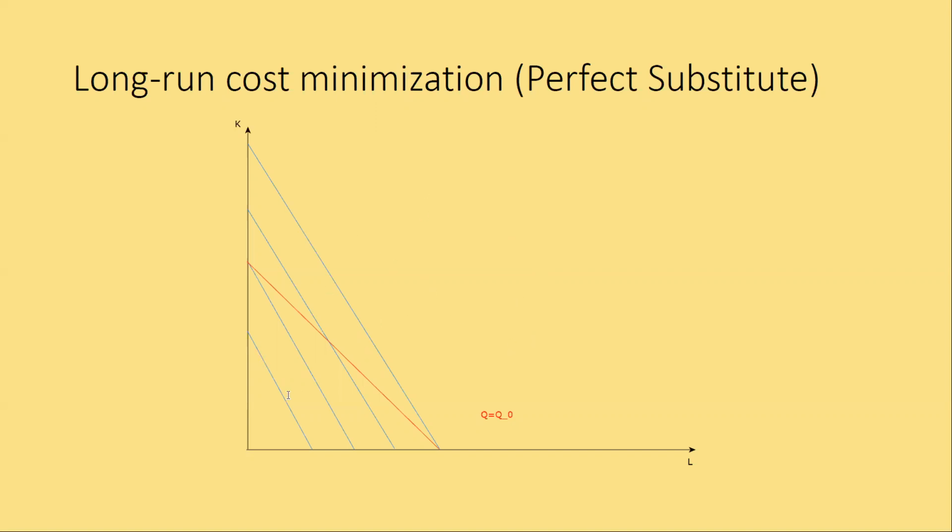And we can probably tell which point the firm will choose. Well, it's probably going to be one of the endpoints. So does the firm choose this point, that is point A, or does the firm choose this point, that is point B?